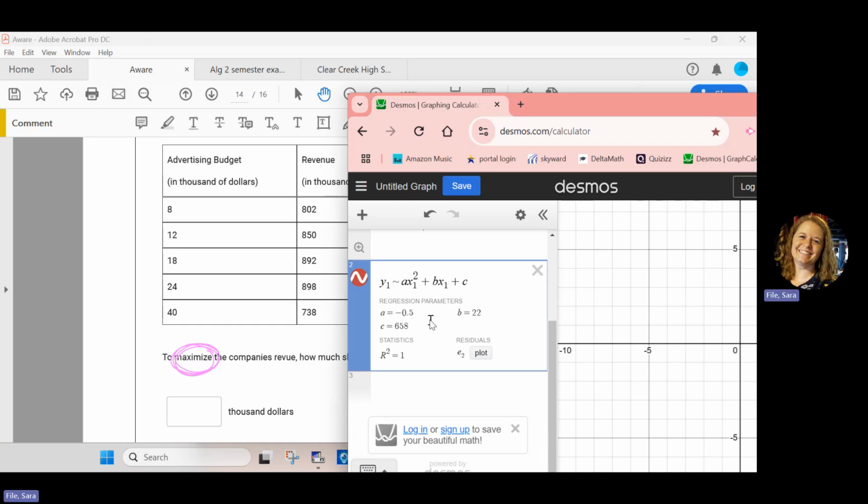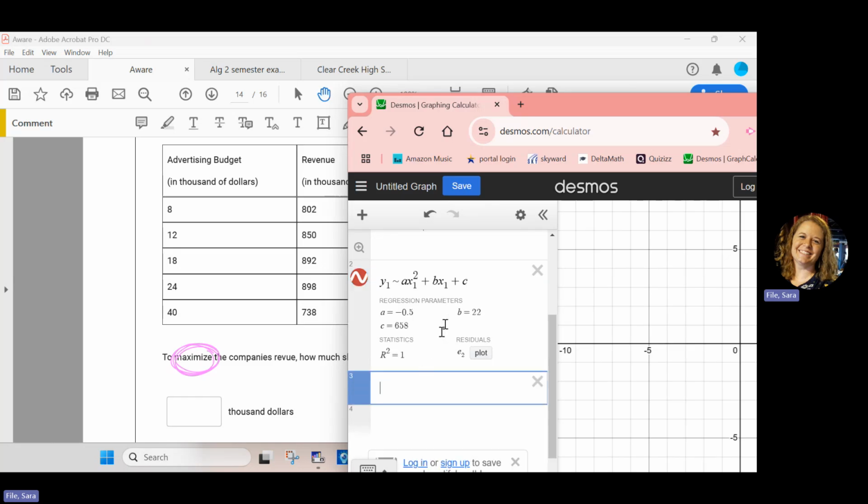So here's my data, A, B, and C, to help me write the equation to represent this. I would type out negative 0.5, because that's my A, x squared, and then plus B, so plus 22x, plus C, and C is positive, so it's plus 658.